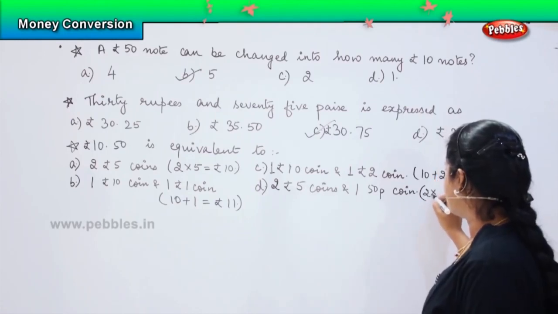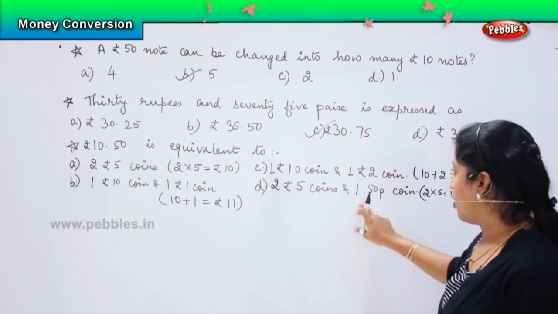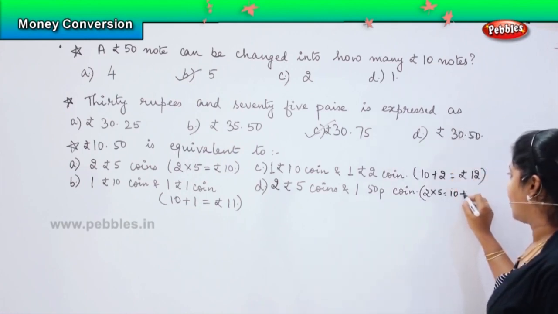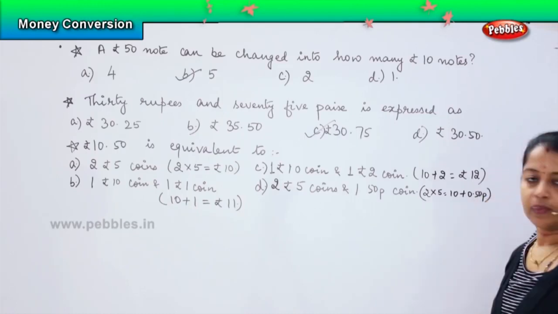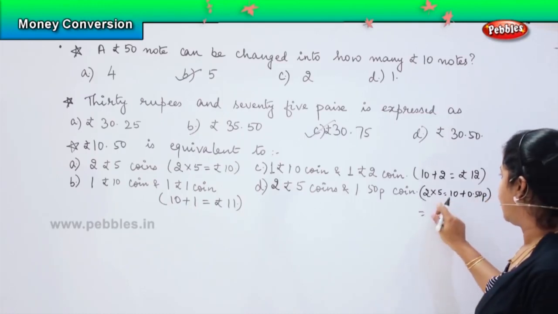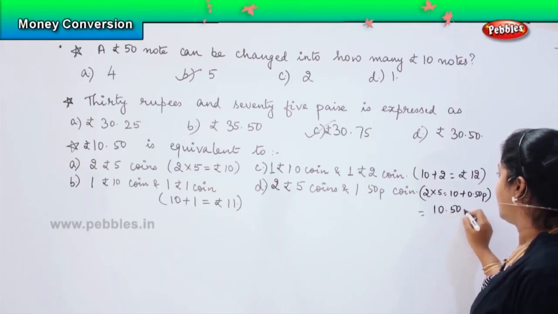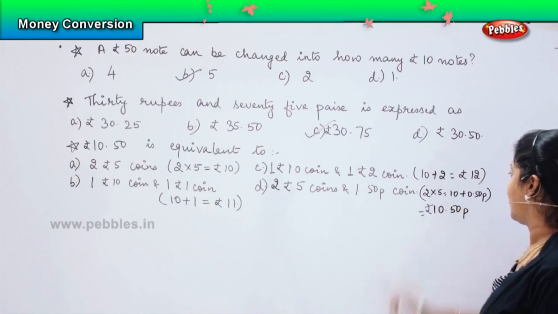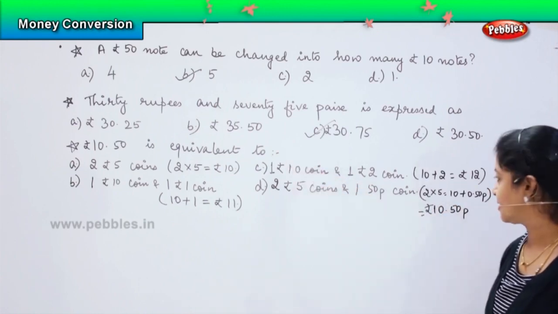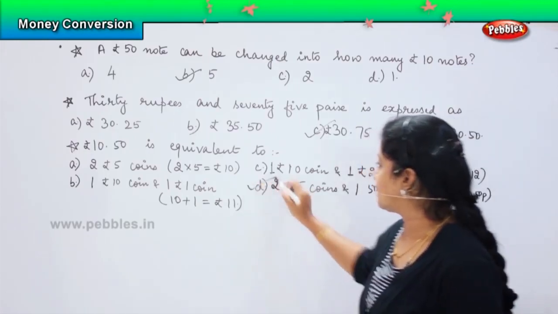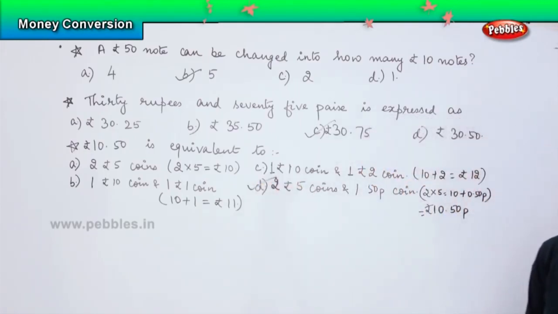So 2 5 rupee means 2 into 5 is equals to 10. And one 50 paise coin. So 50 paise will be like this. So what is the answer? 10 plus 50 paise, which equals to 10 rupee and 50 paise. So is this what they have asked? Yes. So option D is my right answer.